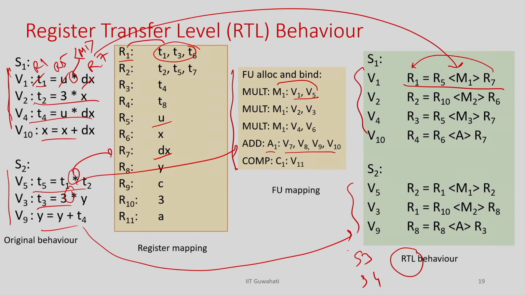Okay. So, once you have this, what is missing here? I understand that I have to do this, but I have to make the connection from R5 to multiplier 1, R7 to multiplier 1, and then the output of this multiplier to R1; only then is this operation possible, right.